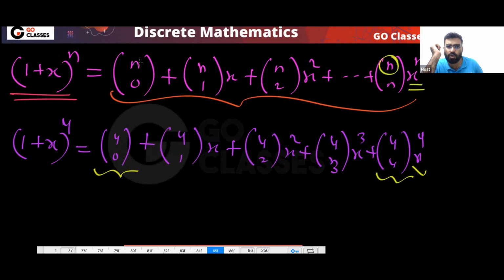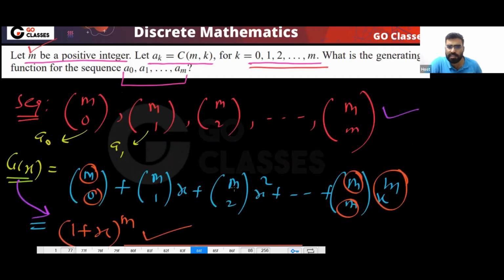You start from 0 and go till n. Using the binomial theorem, the same thing is happening here: you are going from MC0 till MCM. So just apply the definition of the generating function and you will get (1 + x) power M.